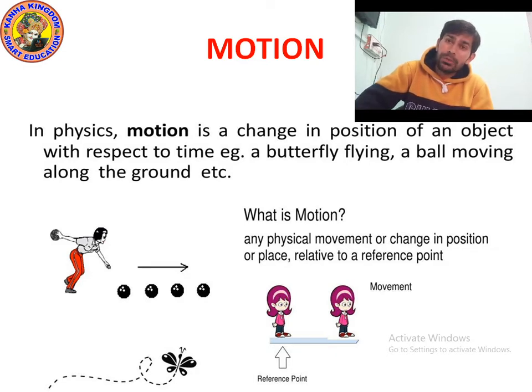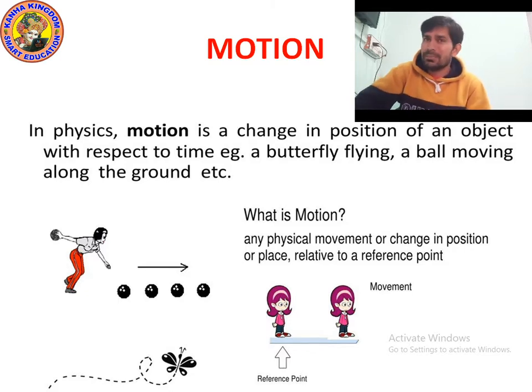When the boy throws it, it will start moving. Now the ball is in motion, so it will travel some distance, 10 meter, 20 meter, 30 meter, and then it will again come to rest. So the position of the ball is changing, because the ball is going from one place to another place.